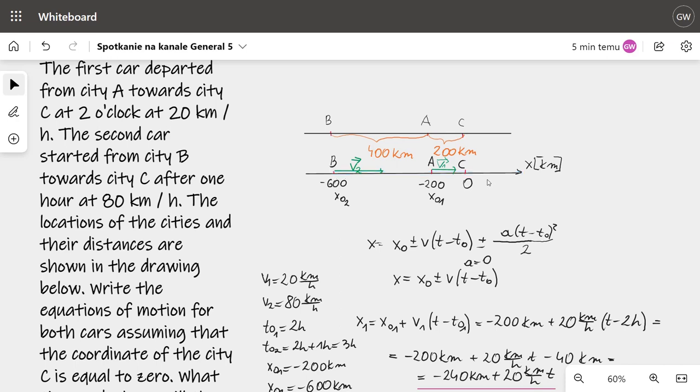Coordinate of city C is equal 0. So coordinate of city A is equal minus 200 kilometers, and coordinate of city B is equal to minus 600 kilometers.